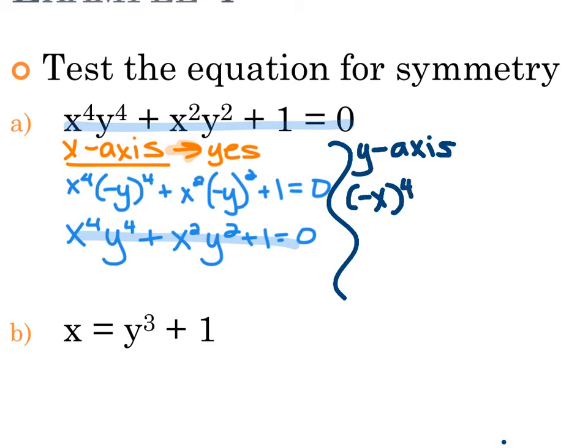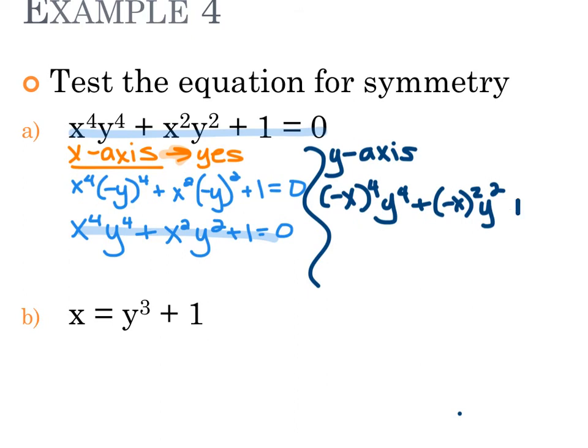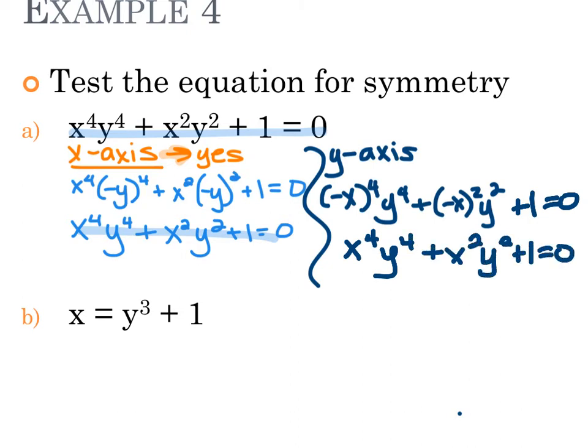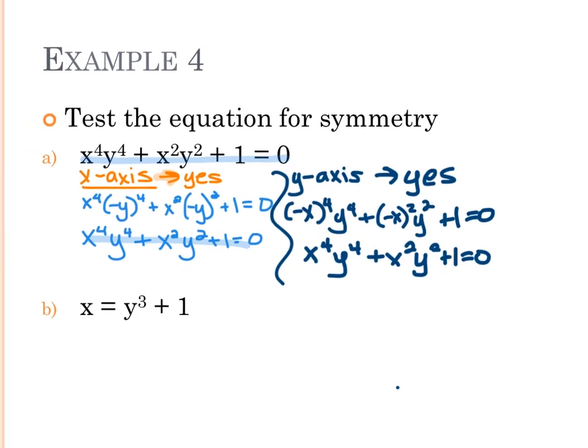Negative x to the fourth, y to the fourth, plus negative x to the second, y to the second, plus 1 equals 0. And again, because they're even powers, I lose the negative. It goes back to the original. So it's also symmetric to the x or to the y-axis.